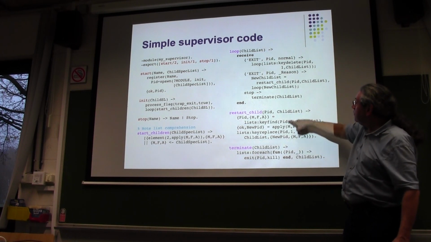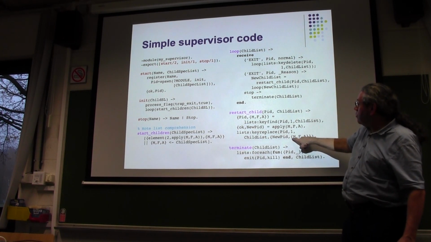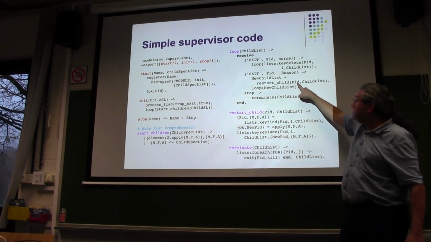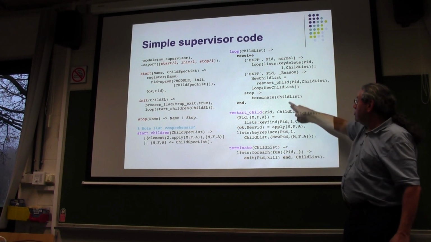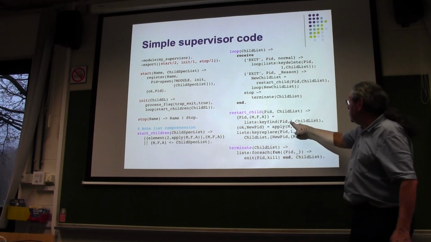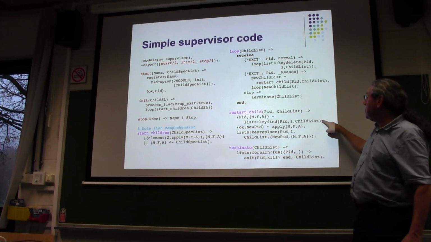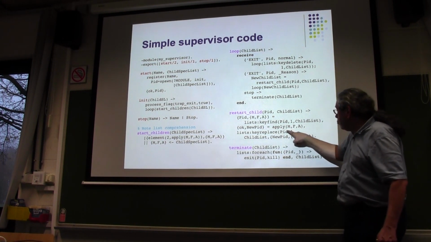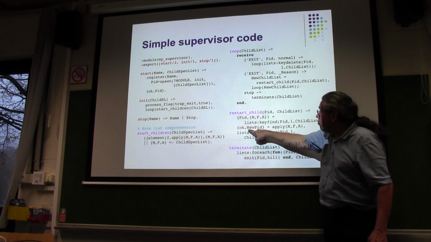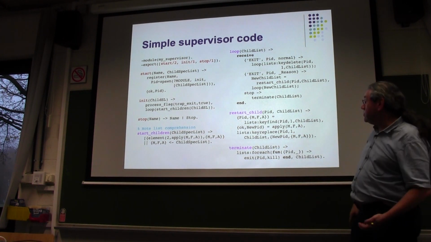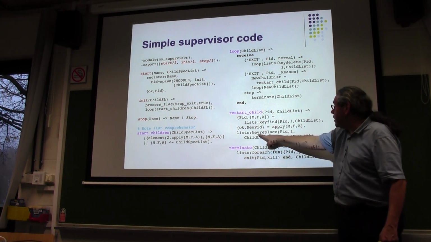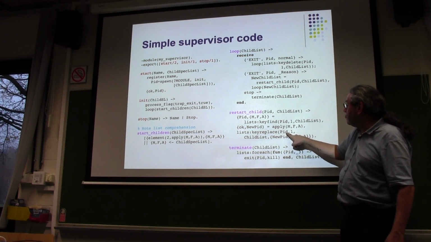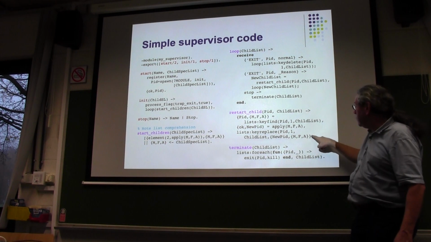So here's the function restart child. Basically, you look it up. PID is a constant, it's the ID of the child. So we look up the child in here from this one, and we create a new child. This one will have a new PID. Whenever you create a process, it's a new one. And then we call p replace, which replaces the PID entry by this one.